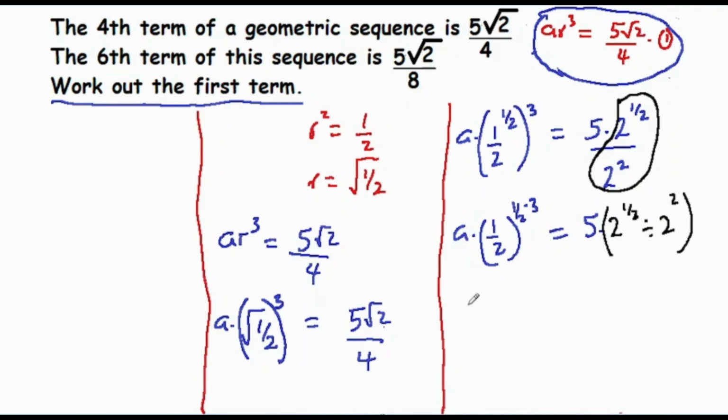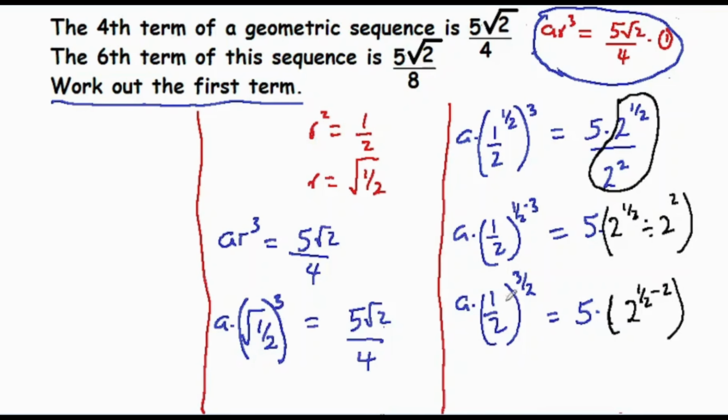So this is going to give us a multiplied by half multiplied by 3, that will give us 3 all over 2, is equal to 5. Using the law of indices here, we take the common base, which is 2, and we subtract the powers because of this division sign. So that will be half minus 2.